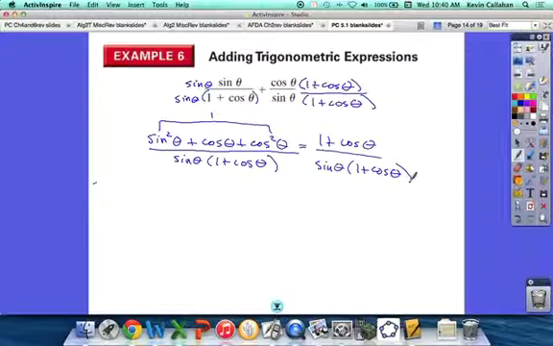Okay, and then because we have a common factor in the numerator and denominator, we can cancel it. So we have 1 over sine theta. Well, that's what that other one simplified to also, right? So 1 over sine is cosecant.